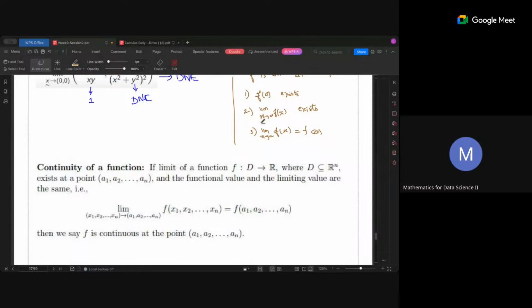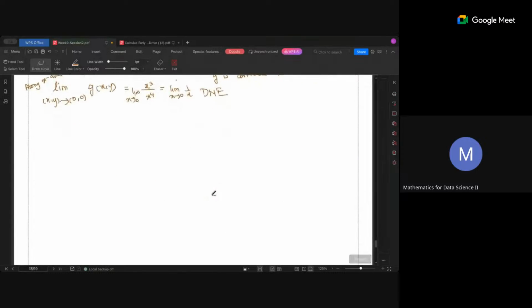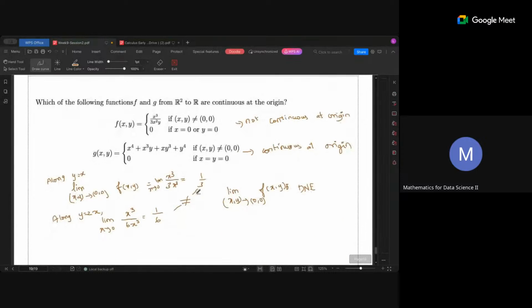First, this exists and this limit exists and this limit equals f of a. This limit does not even exist. That is what we have shown. Only if the limit exists and it is equal to f of 0, comma 0, then only the function is continuous at 0, comma 0, right?